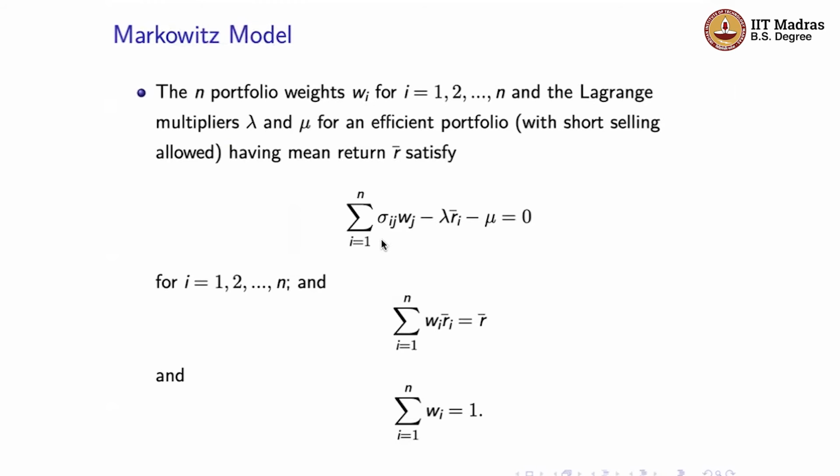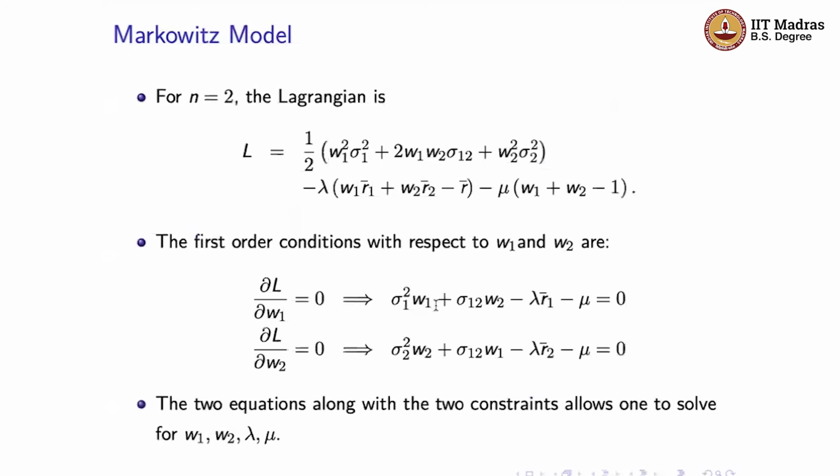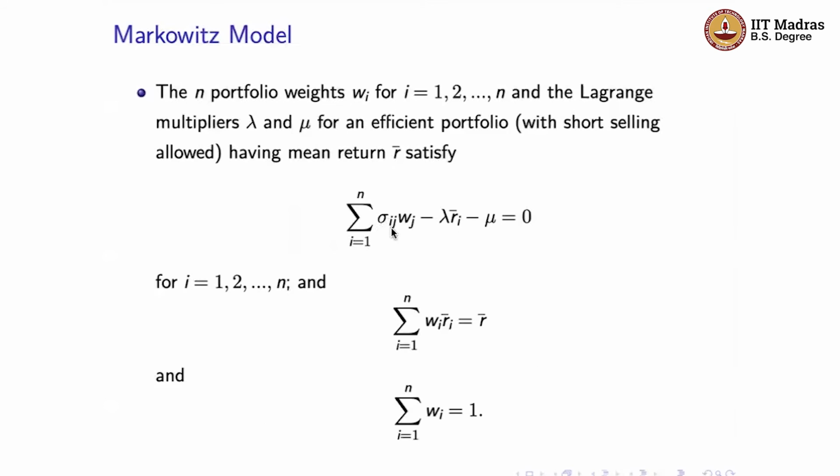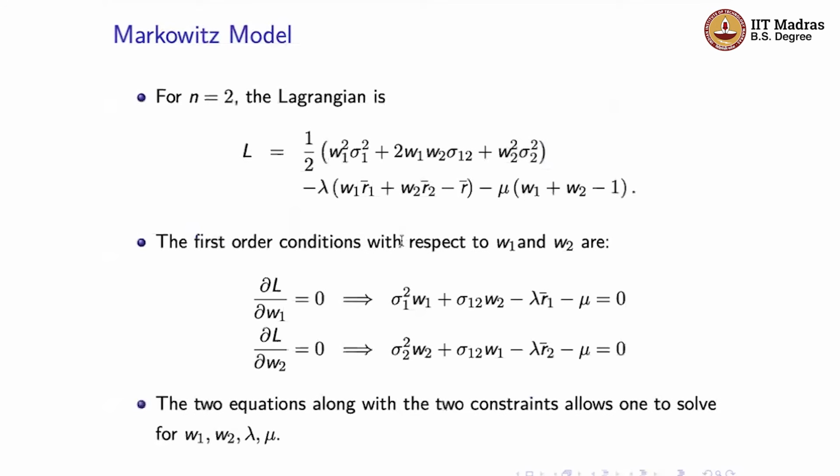So let's just make sure that this is exactly what we had for the n equal to 2 case. So let's first do for i equal to 1. So this is saying that from 1 to 2, you are going to have sigma ij. So sigma 1, 1, W1. Sigma 1, 1 is nothing but sigma 1 squared. That's the first term. Plus sigma 1, 2, W2. That is the second term that you see.